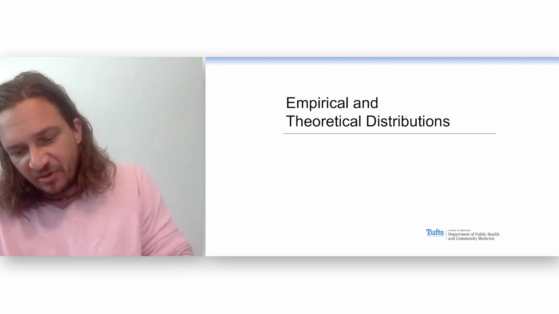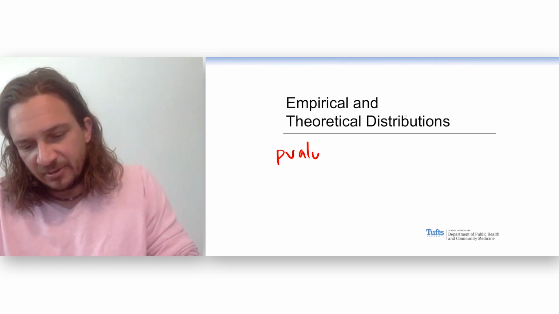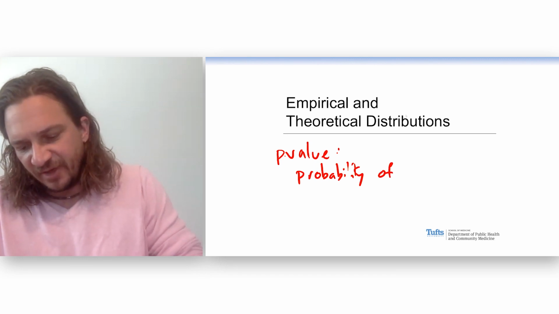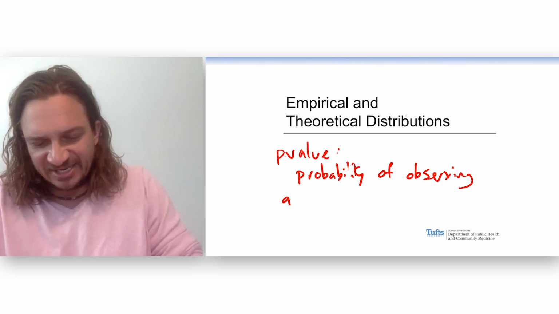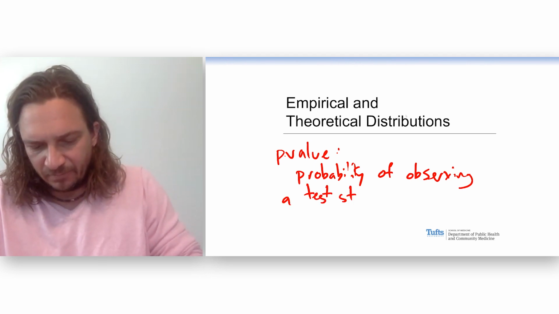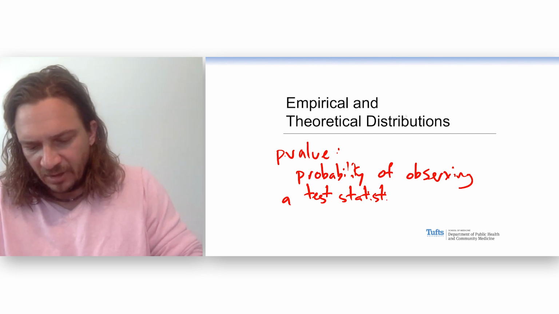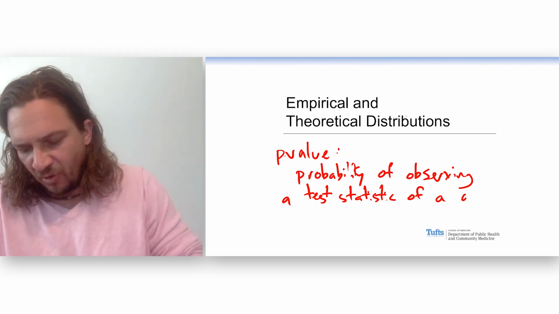So a p-value is the probability of observing a test statistic of a given magnitude or larger.